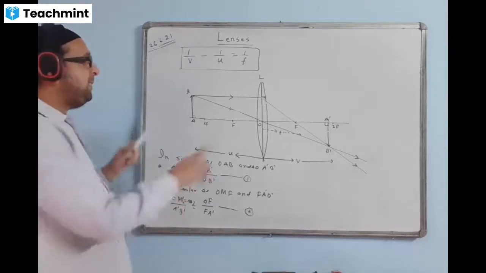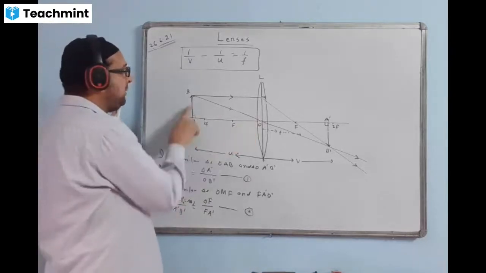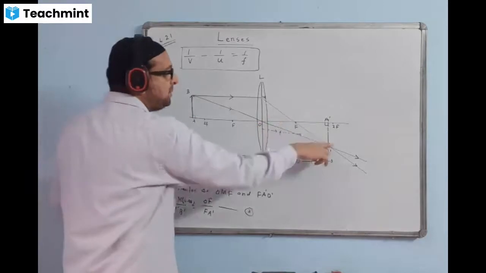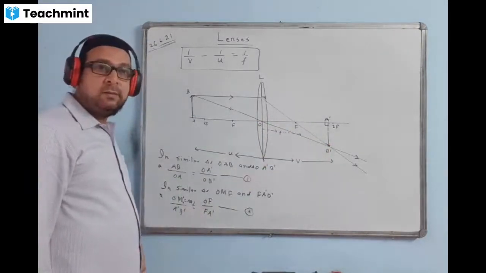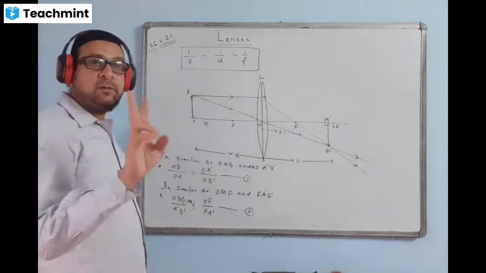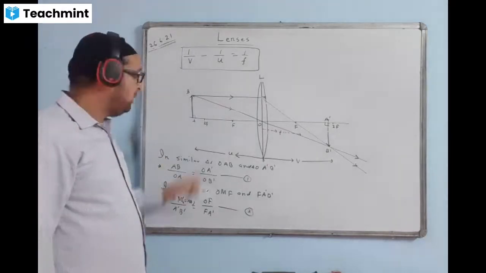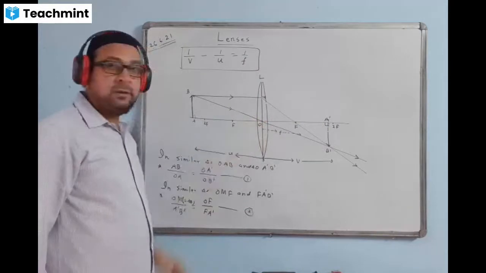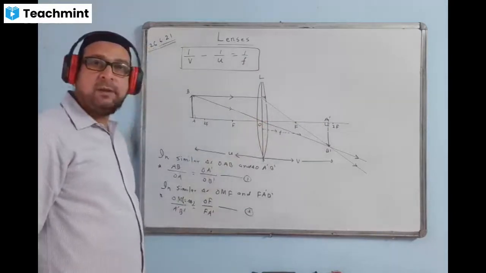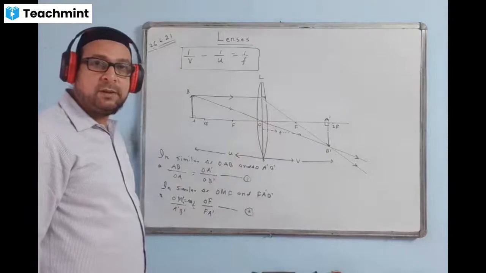Okay. I'm taking the similar triangles OAB and OA dash B dash. Are the two triangles similar? The condition of similarity is that two angles of the two triangles have to be equal. 90 and 90, and this is vertically opposite. So the triangles are similar.